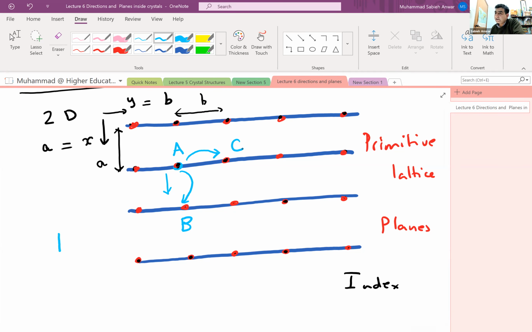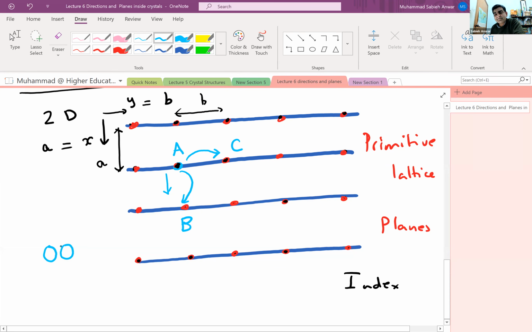Or, sorry, if I move from A to B, do I see any crossings? I don't see any crossing at all because the crossing is at the point B. So I write down the number 0. Similarly, if I were to move from A to C, I do not make any crossing whatsoever. So I write the number 0 again.